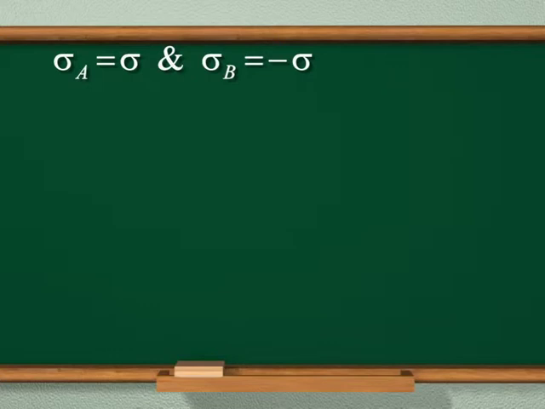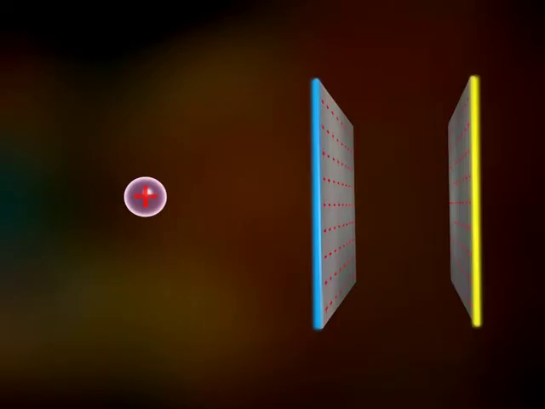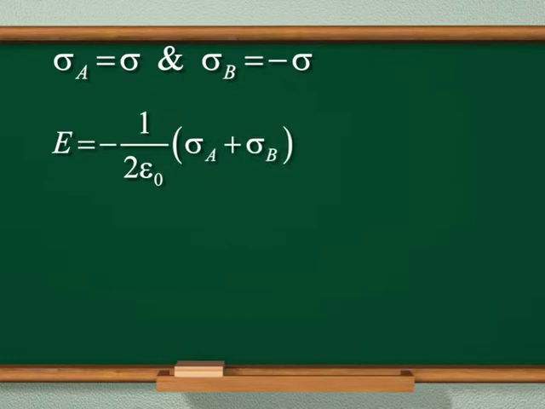Now, let's see the electric field of such infinite parallel plane sheets of charge in different regions. Since the electric field due to sheets A and B having charge densities sigma A and sigma B in the first region is E equal to minus 1 by 2 epsilon naught whole into sigma A plus sigma B.